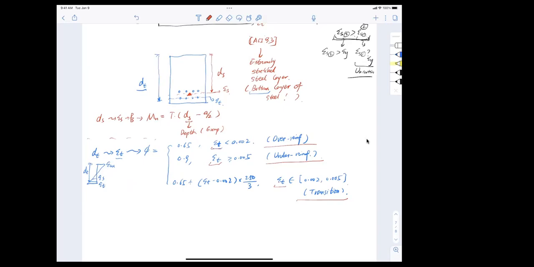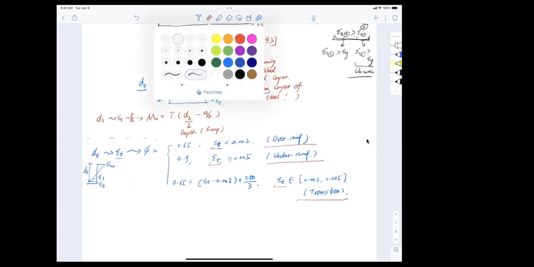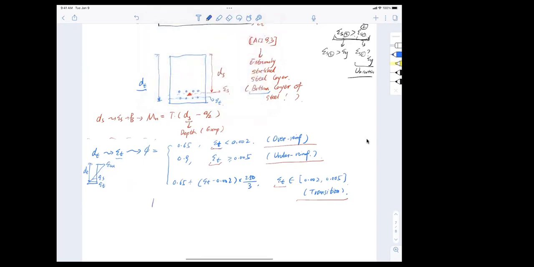All right, so now one thing: for single layer reinforcement, we are in luck, and that's how we survived so far. Single layer means one layer of reinforcement.